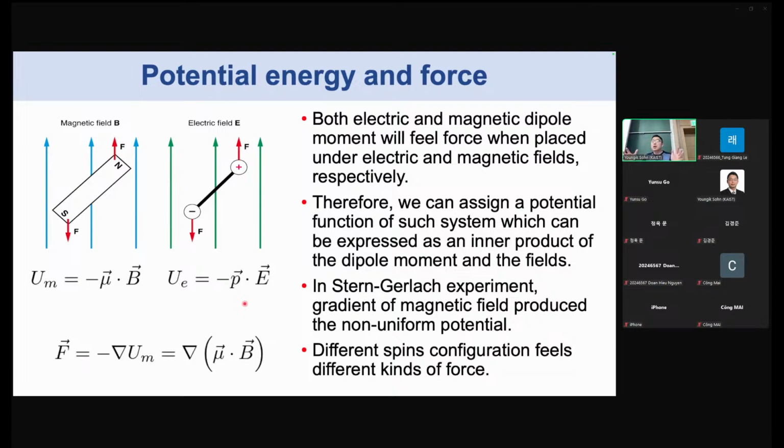You produce a B field environment; if this B field is non-uniform, it has a gradient, then the gradient of this inner product is non-zero, and you will feel the force.